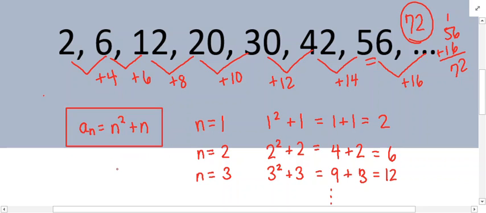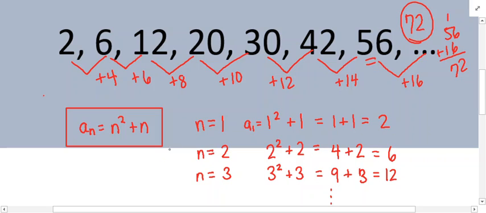However, the hallmark of a sequence being a function is that you can't plug in anything you want. The number that you're plugging in has to be a counting number. So that's why I first plugged in n equals 1. That gave me a1, which is the first term in the sequence, 2.